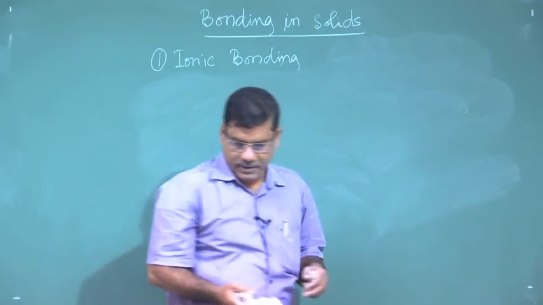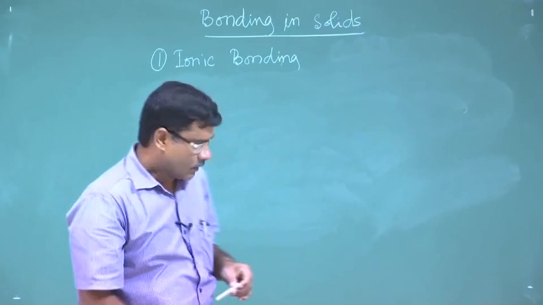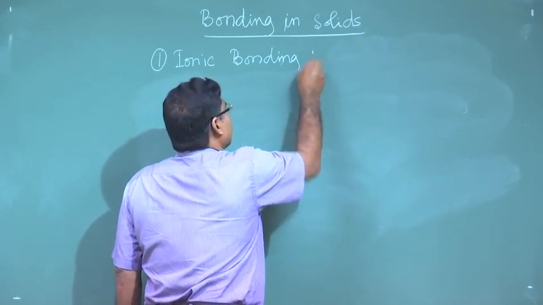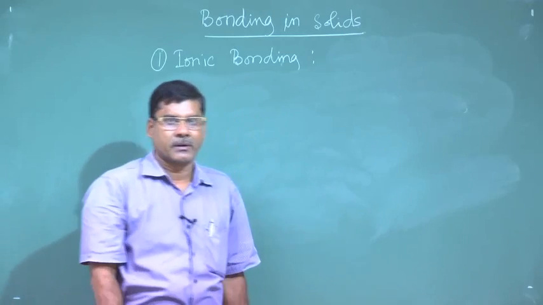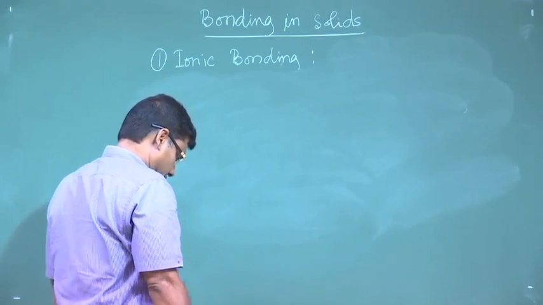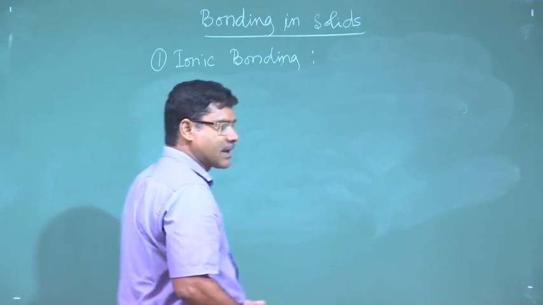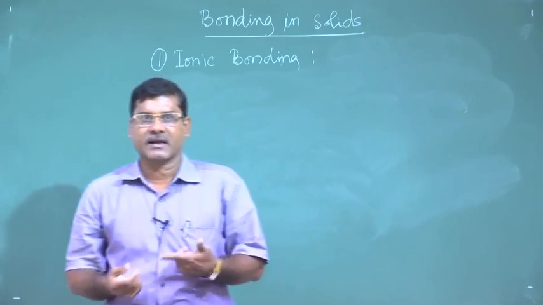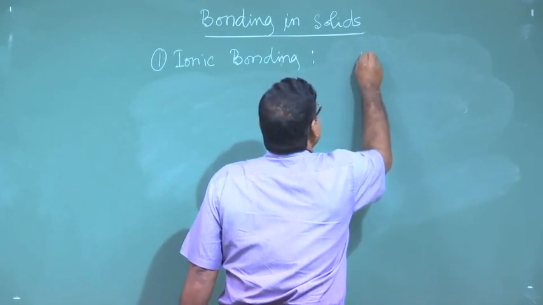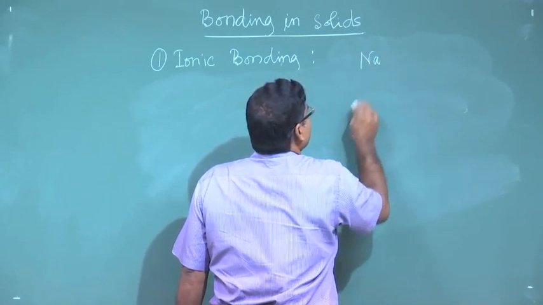So, ionic bonding. What is ionic bonding? Basically, a bond between two ions, one positive ion and another negative ion. Sodium chloride is a classic example.